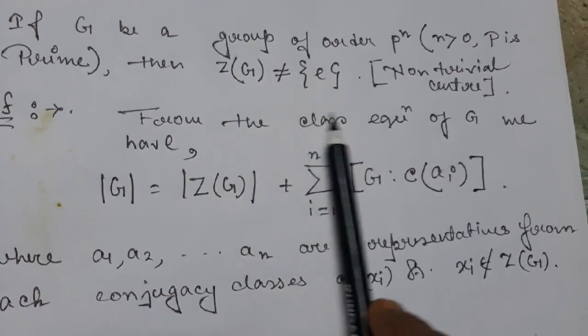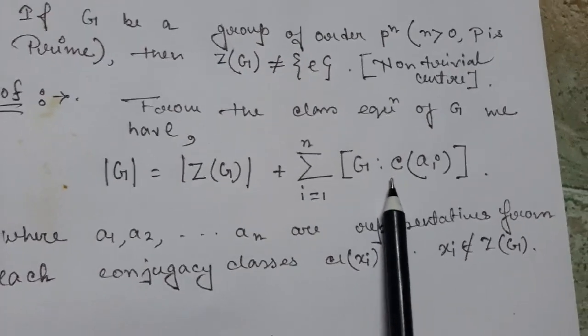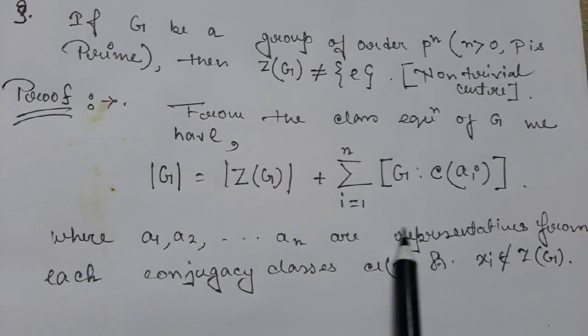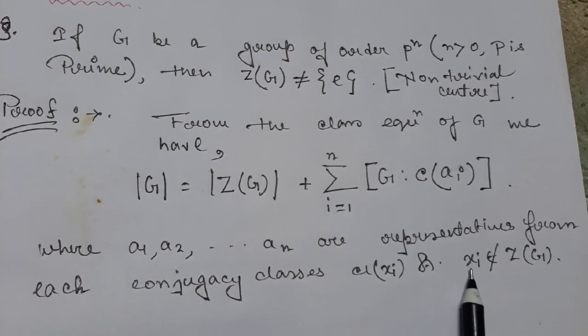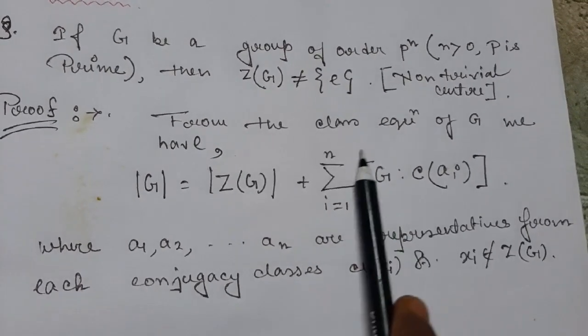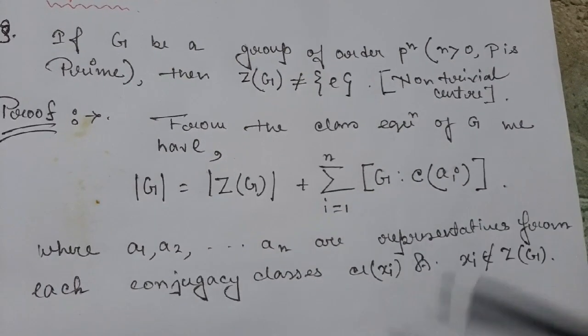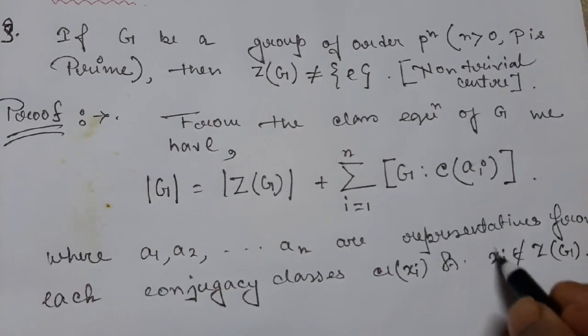So let's prove it. From the class equation of G we have this one, where A1, A2 up to An are the representatives from each conjugacy class such that Ai does not belong to ZG.